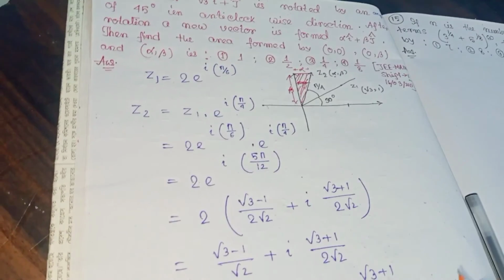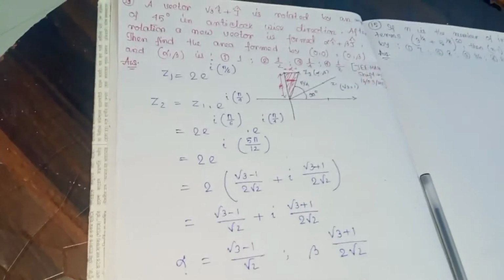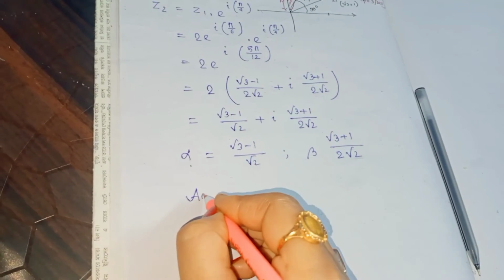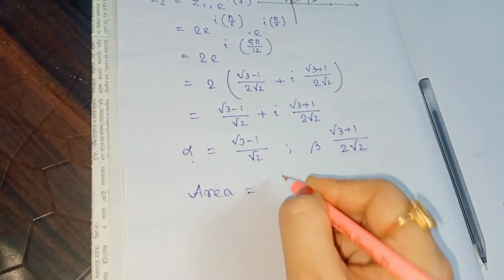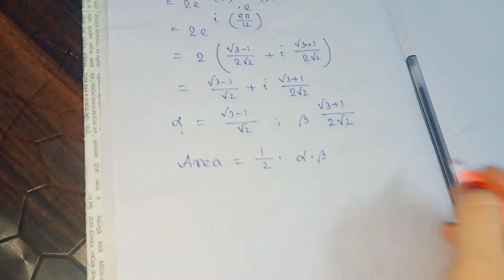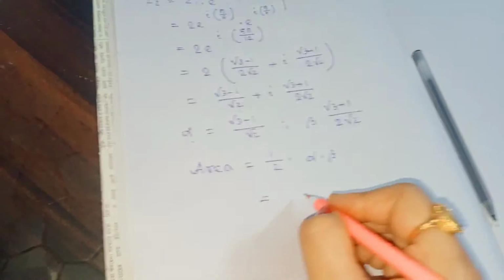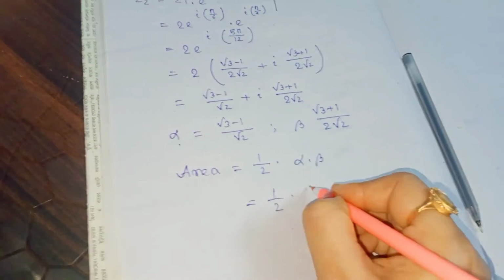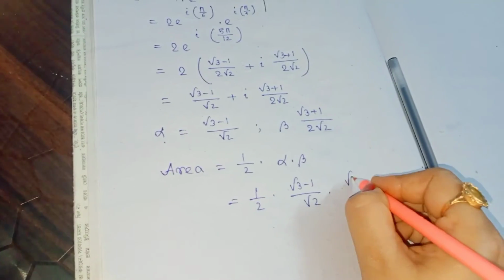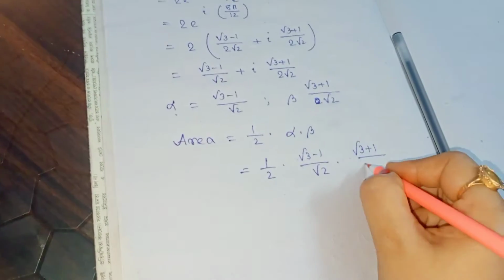From the picture we can say the area is equal to half of alpha into beta. Here alpha is equal to root 3 minus 1 by root 2 and beta is equal to root 3 plus 1 by 2 root 2.